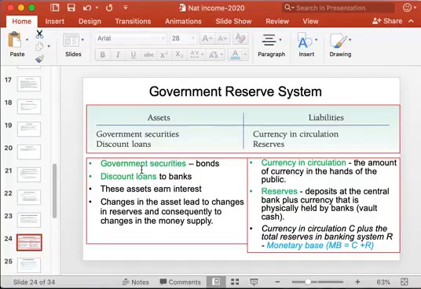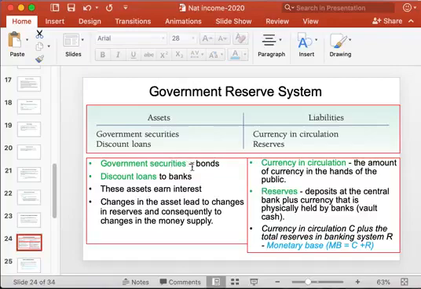This is one way. For example, if government sells government securities, for example, treasury bonds, to the bank, then banks will receive the treasury bond in return to the currency that the banks pay to the government or the central bank.